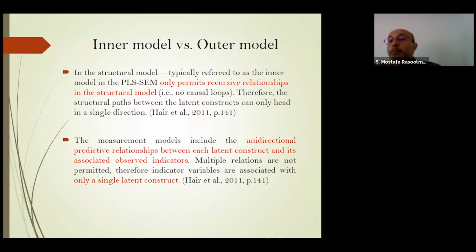So the relationship between indicators, the relationship between items and the construct and latent variable is called measurement model or outer model. So when we talk about measurement model or outer model, actually we refer to within a construct. Within a construct, inside a construct.